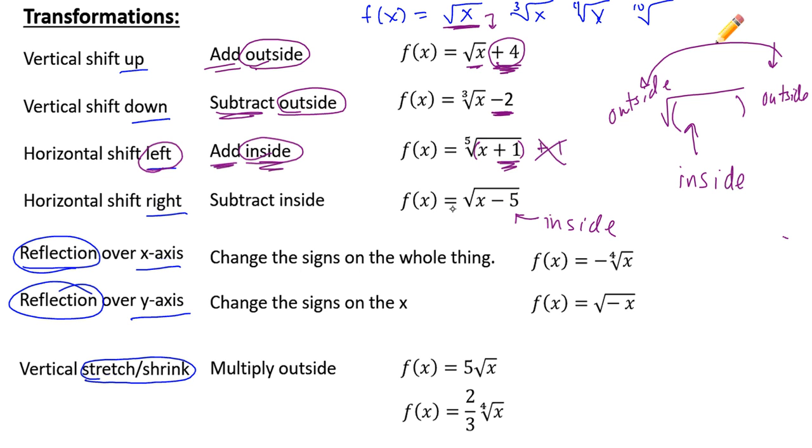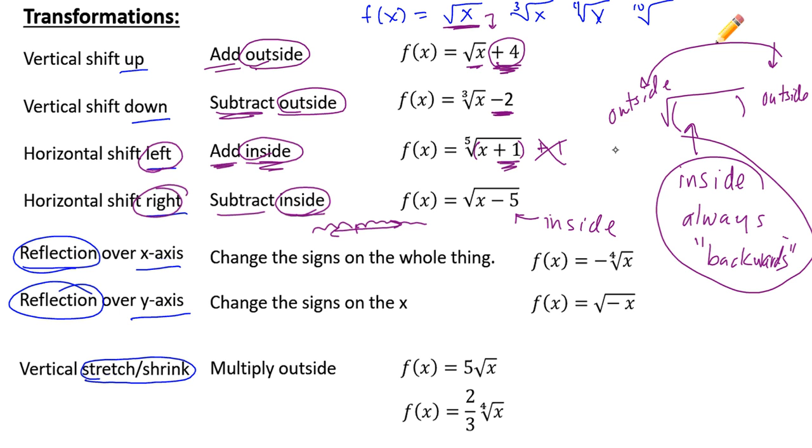We're subtracting a number, but we're actually moving to the right. To me it feels weird because on a number line, if you add something, you're moving farther in the positive direction. If you subtract something, you're moving to the left. So the thing to remember about this is that inside is always backwards. If it's +1 on the inside, it's actually left. If it's subtract 5, it's actually to the right.